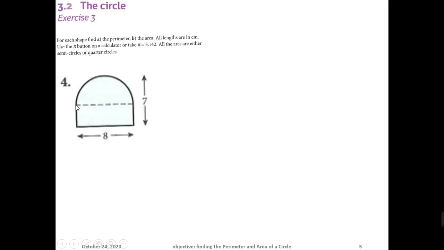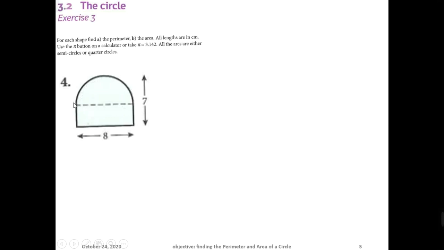As you can see here in the semicircle, the distance from the circumference to the circumference passing through the center of the circle is 8 centimeters. Half of the 8 is 4, which gives me the radius. It's the distance from the center to the circumference, and that's what I need to calculate the circumference of this semicircle, or the length of the arc.